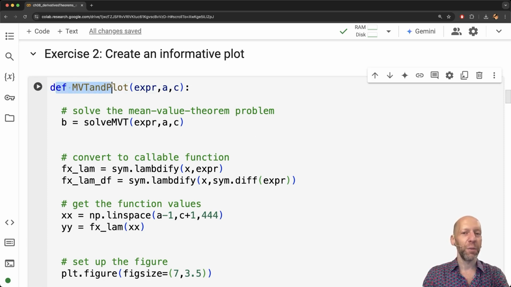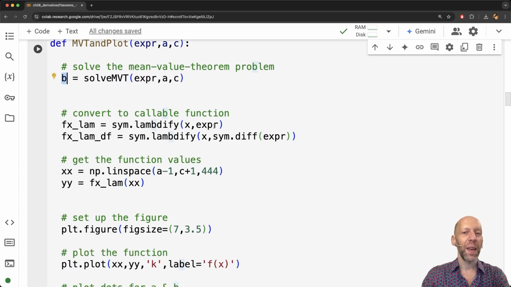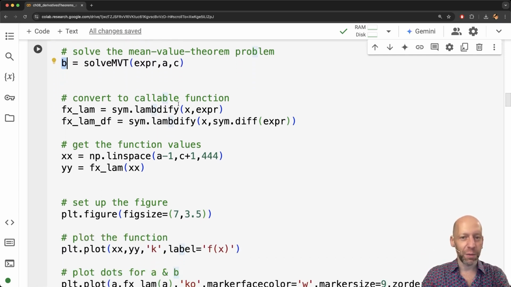So I create this new function, MVT and plot. You can see the inputs are the same as the solve MVT function that I created in the previous exercise. In fact, right in the very beginning of this function, I call that function from the previous exercise and get the solutions, x equals b. Everything else is basically just visualization.